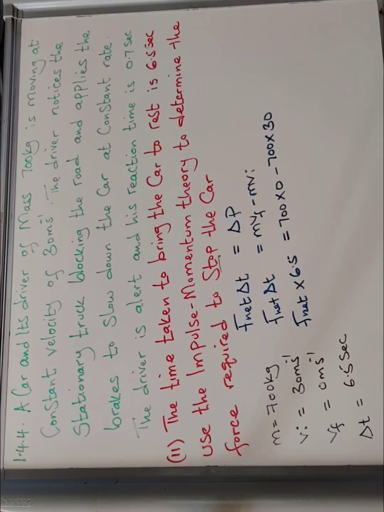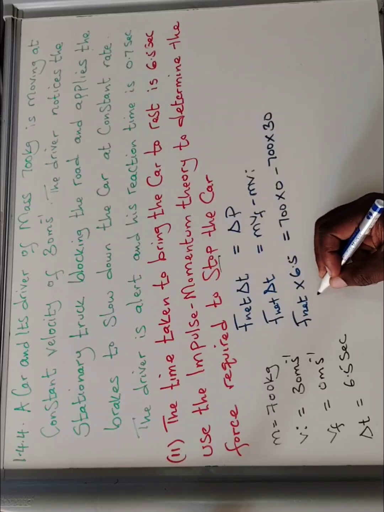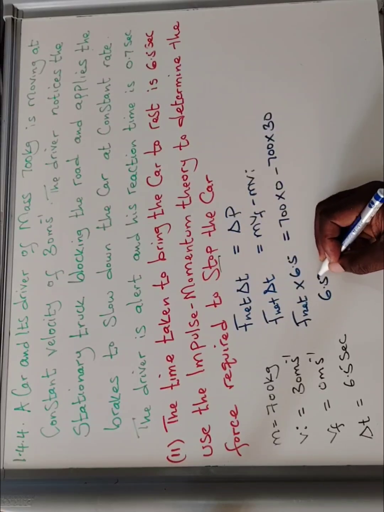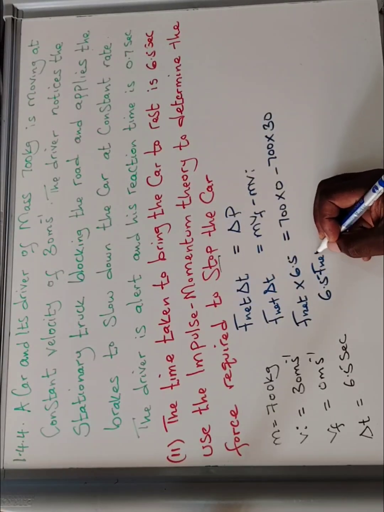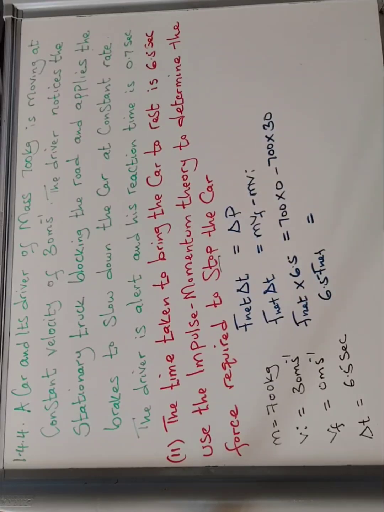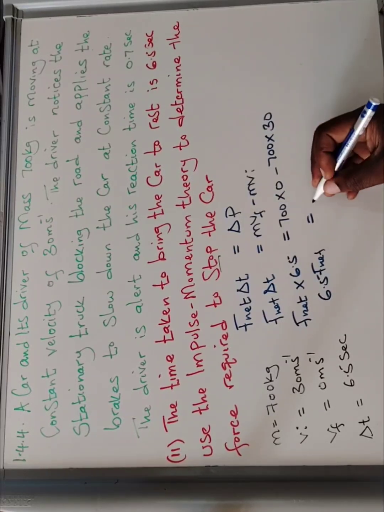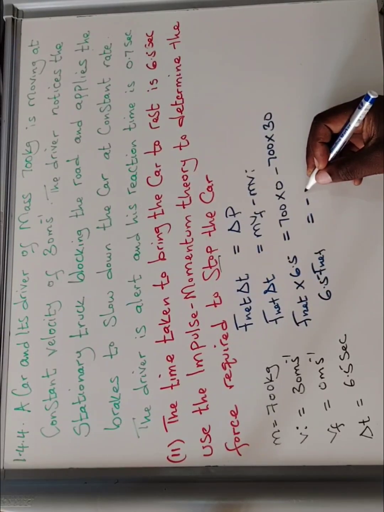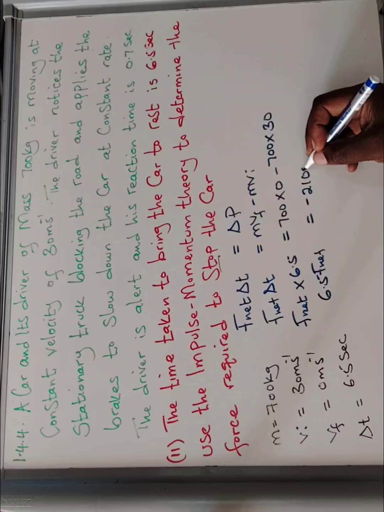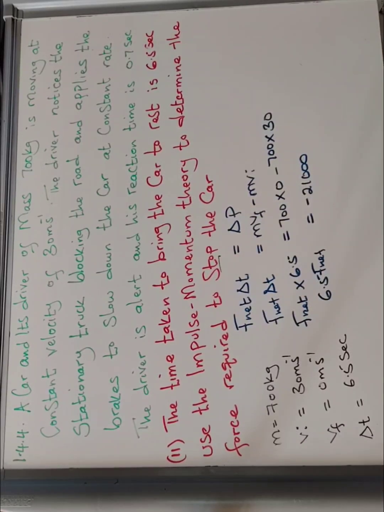What we have here is going to be 6.5 F net, giving you negative 21,000.